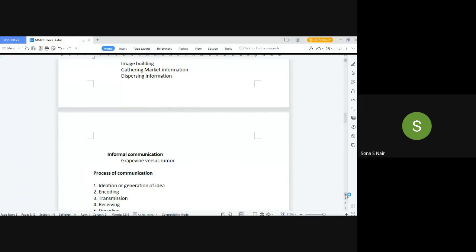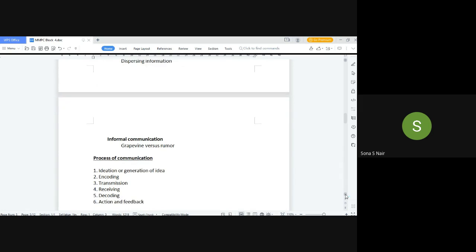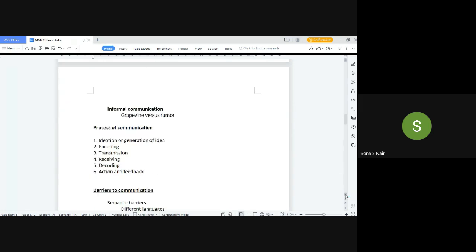Process of communication. Let's come to process of communication. This is a simple linear process which starts with the generation of an idea. Whenever you want to communicate, the sender needs to have some information or an idea which he or she wants to communicate, whether it's the subordinate, whether it's the superior, whether it is the CEO of the organization or the gatekeeper in the organization.